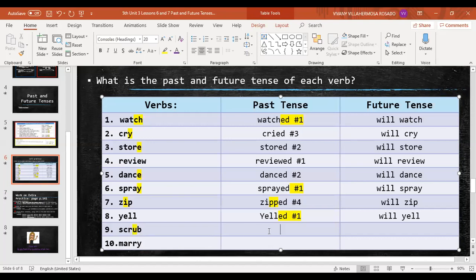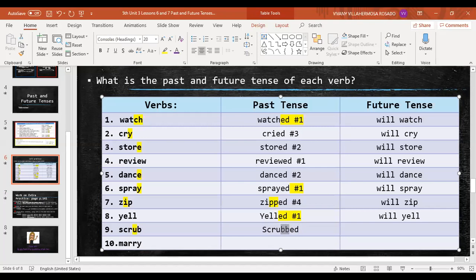So what does that mean? Because it is a one-syllable word, it also has a single vowel. That means that there's only one vowel, and it ends in vowel consonant. That means that we do have to double the consonant, and then add ed.